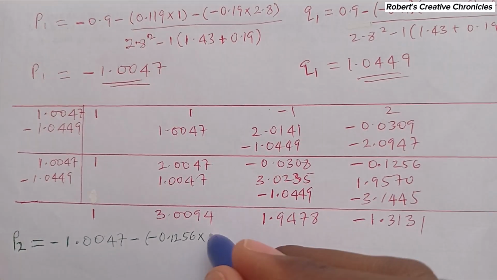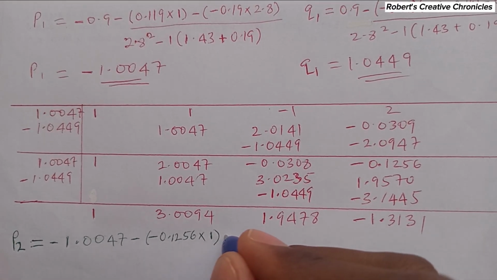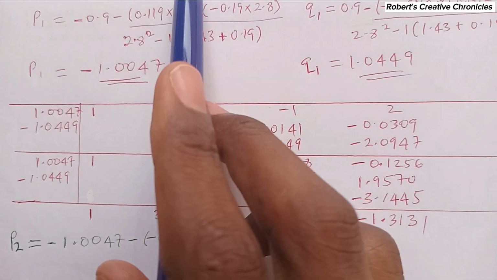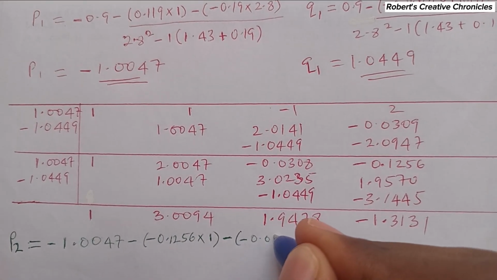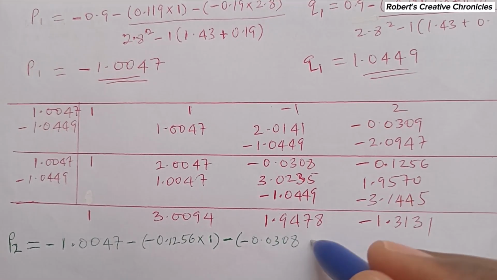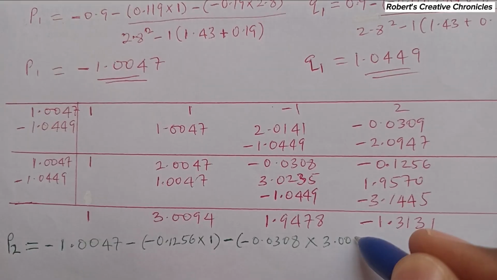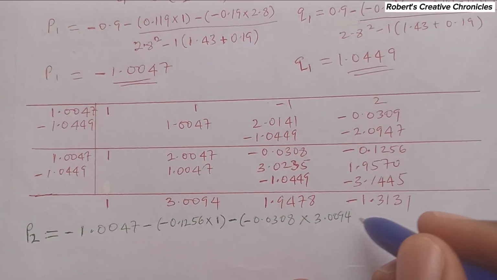This is C naught times 1, minus, what's B2? B naught, B1, B2. This is B2, minus 0.0308. Then B2 times C1. This is C naught, C1. It will be 3.0094.